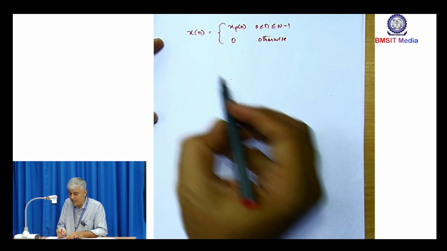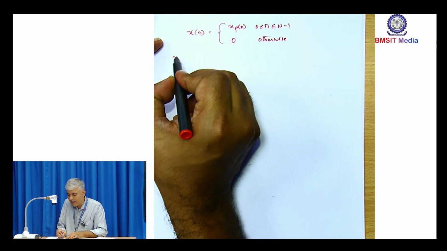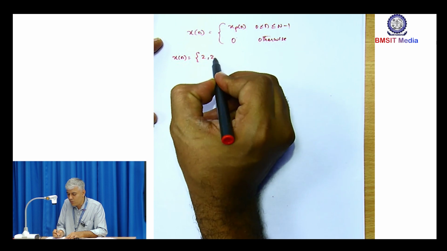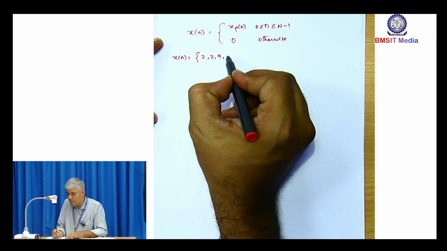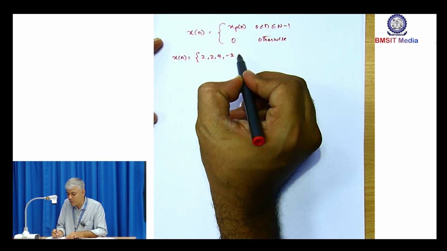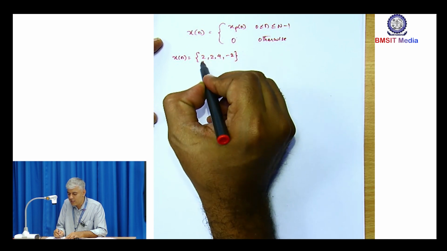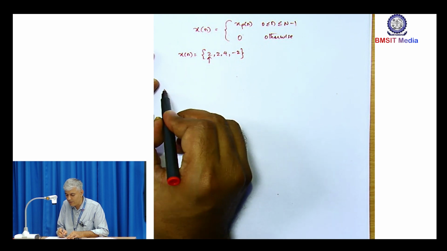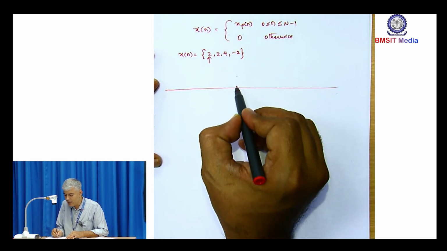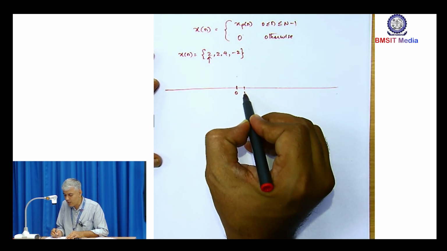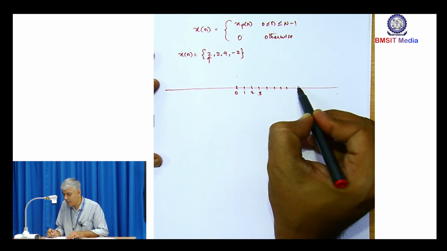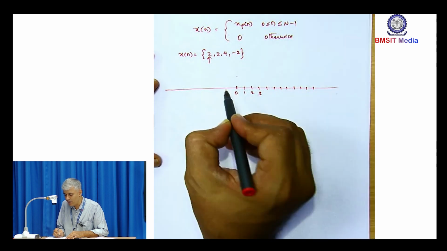Okay. So if x of n, an example I will take, is a signal like 2, 4, minus 2, how would its periodic repetition look? Suppose this is the origin, this is 1, this is 2, this is 3, 4, 5, 6, 7, 8, 9, 10, 11 and so on.